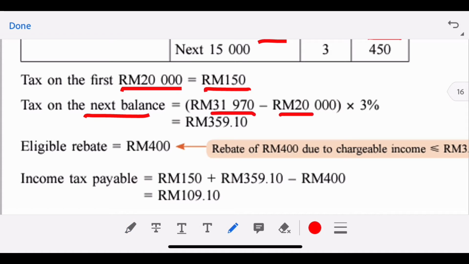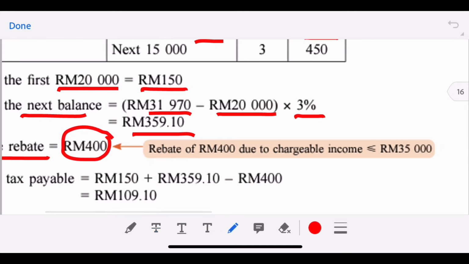So the next balance will be 31,970 minus the first 20,000 times 3%. So the next balance tax will be 359.10. The eligible rebate for Mr. Chan is 400. Why? Because of the rebate of 400 due to chargeable income less than 35,000.